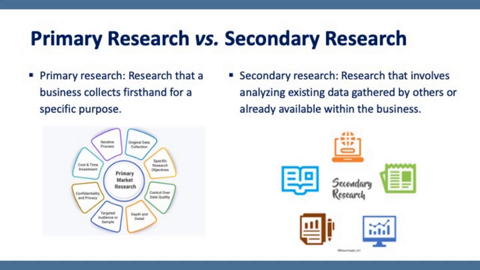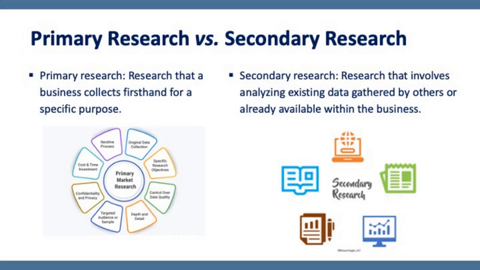Okay, once we understand why research matters, the next question is, where does our information really come from? So that brings us to the two types of research, primary research and secondary research. The key difference is whether we are collecting new information ourselves or using information that already exists.